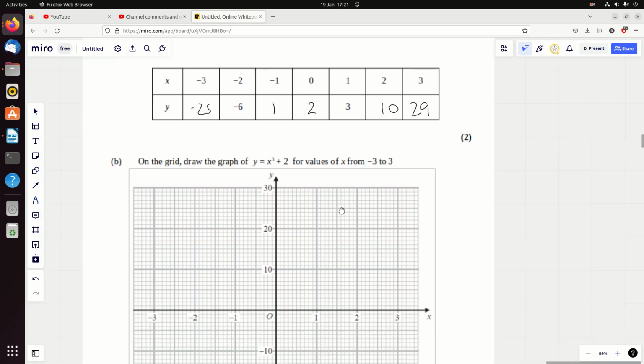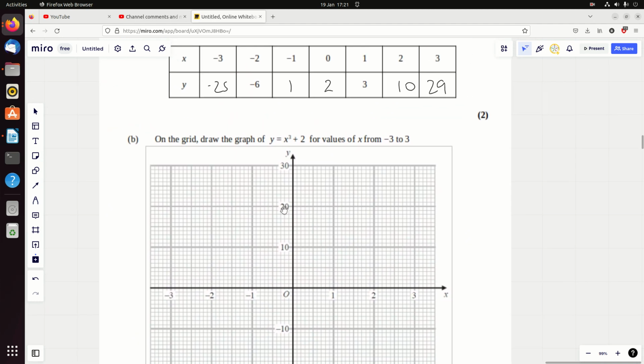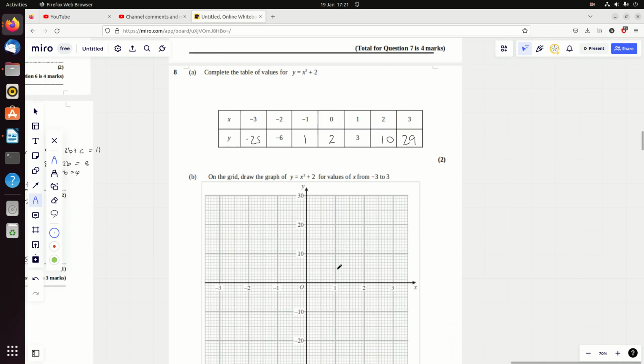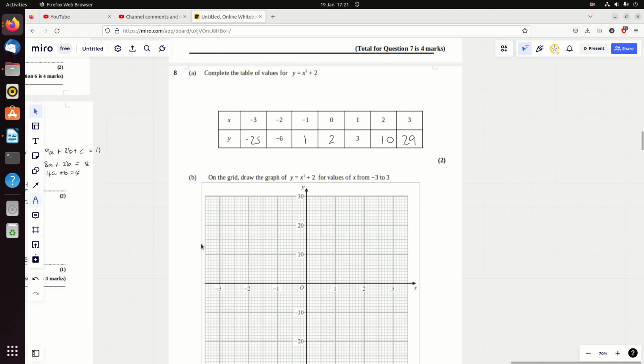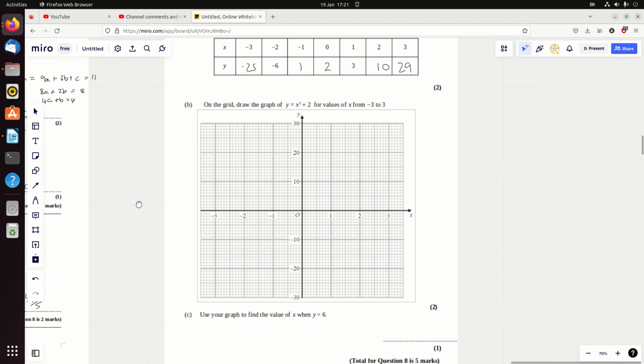That ends up looking like a lovely cubic, and it's going to be difficult for me to graph it nicely because it's just going to look rubbish. Let me see if I can zoom out a bit. Oh yeah, that's nicer. Okay, let me make sure the table's still in sight.